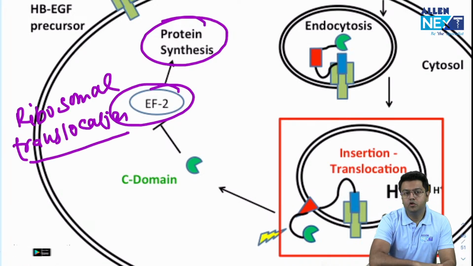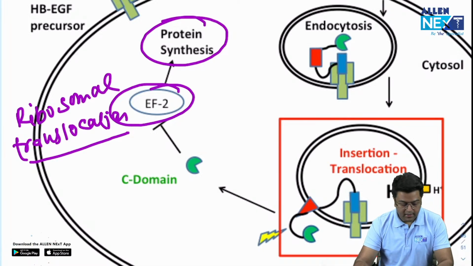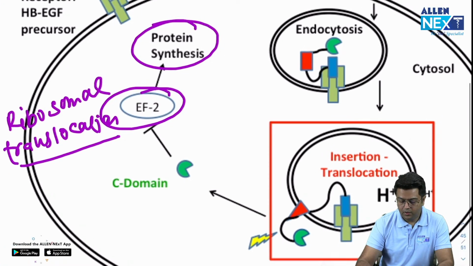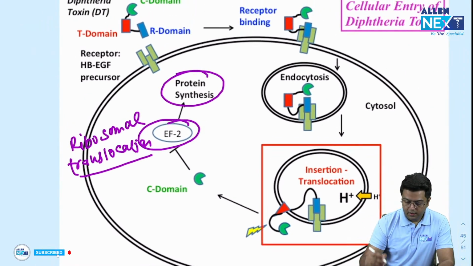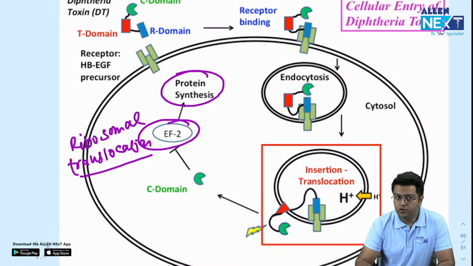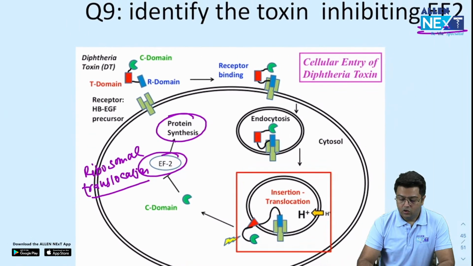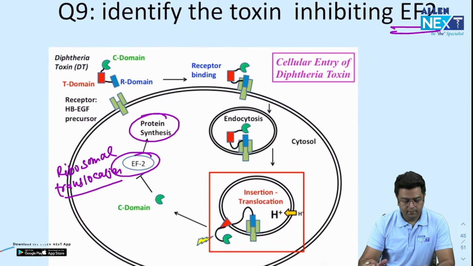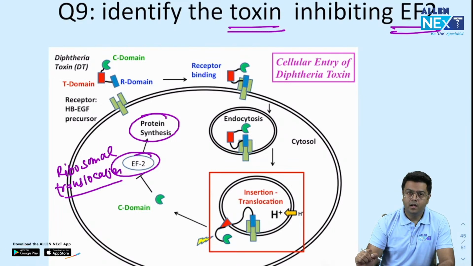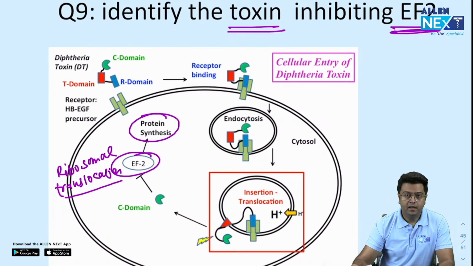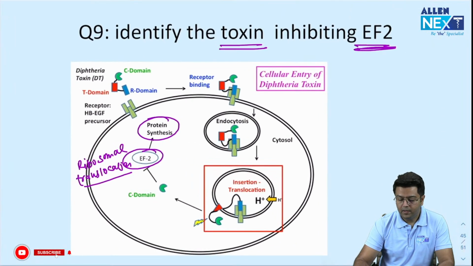Okay, ribosomal translocation. So that is elongation factor number 2, right? Now this is inhibited by a toxin, and what is the name of the toxin? Diphtheria toxin. So exactly what was the question? They gave the image and asked the name of the toxin. So diphtheria toxin is the answer. Or if they gave the name of the toxin and asked what is the site of action, then elongation factor number 2 is the answer.